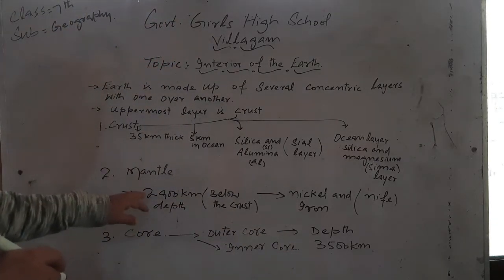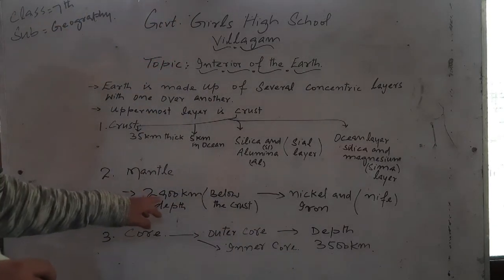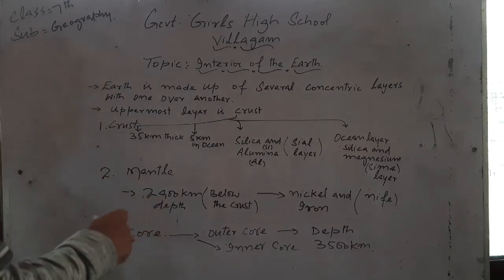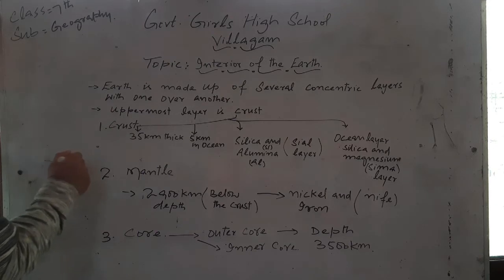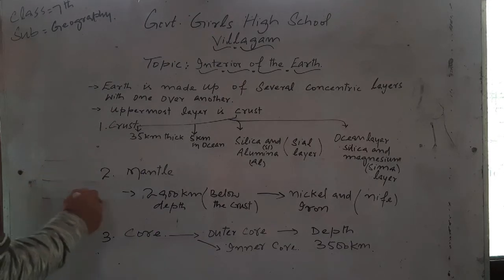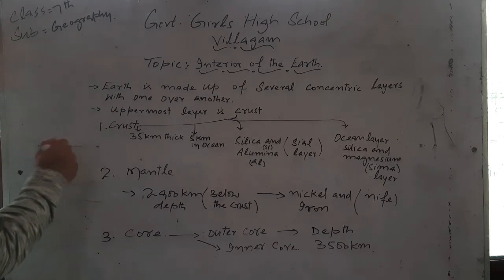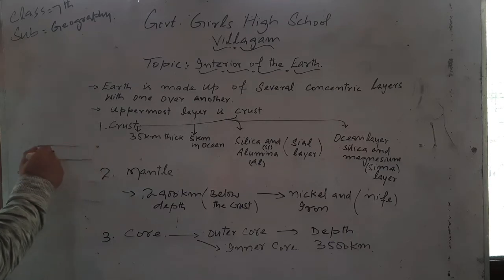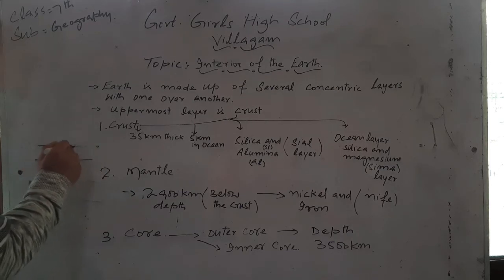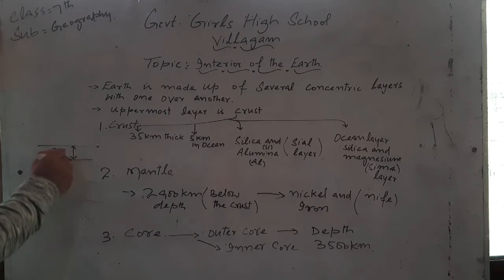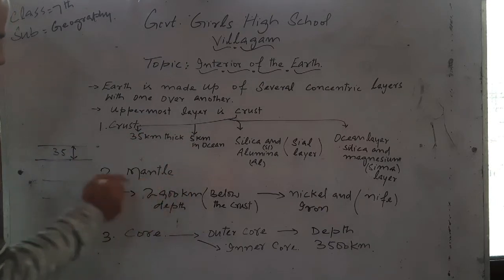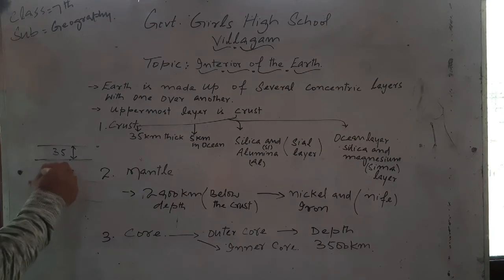The width of mantle is 2900 kilometers, and crust is 35 kilometers. I will show you here that it is crust from this to this, it is 35 kilometers. Then onwards, from 35 kilometers onwards, it is mantle, and it is 2900 kilometers.